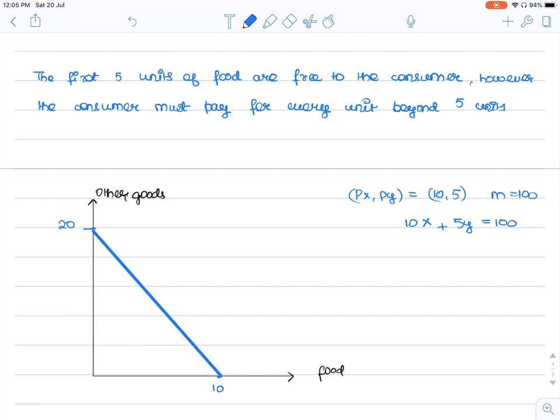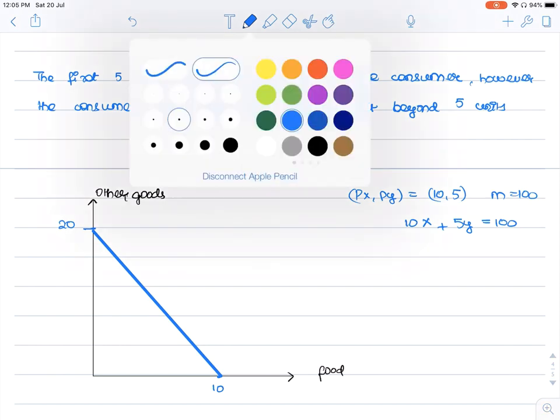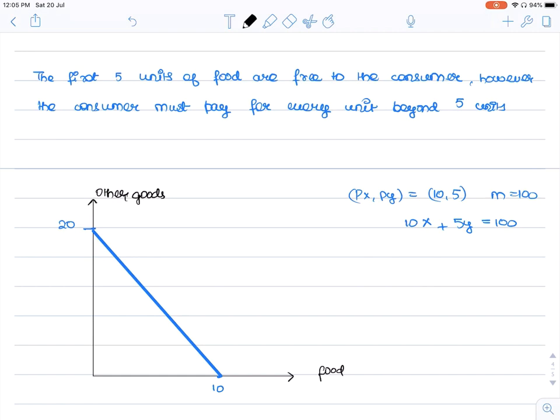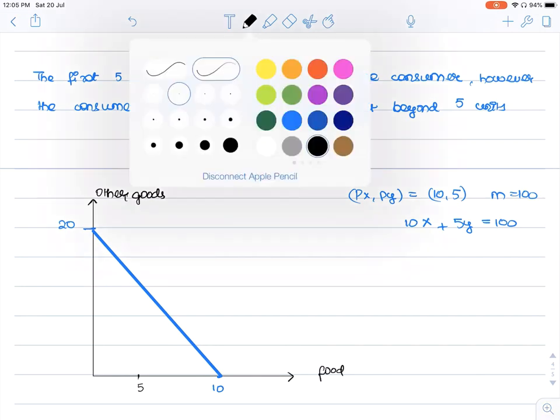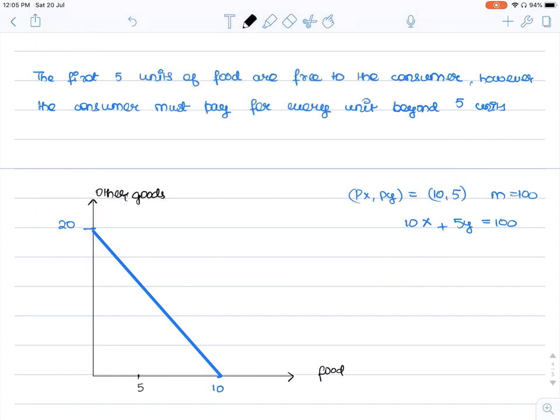Well, for the first 5 units of food, you don't have to pay anything. The price of those first 5 units of food is zero to you. It is just added to your budget set. So the first 5 units of food are free.